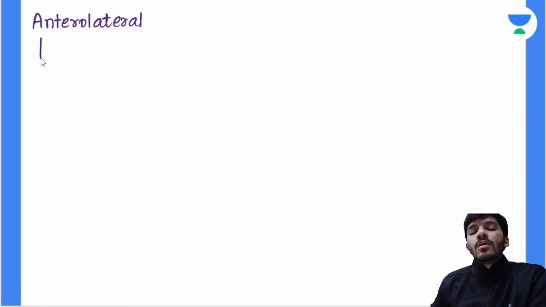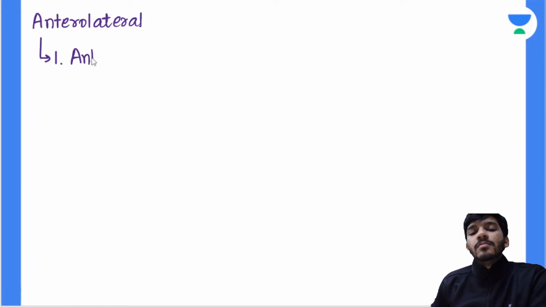Now this is the anterolateral system, in which you have two parts, one anterior and one lateral. That is why it is called the anterolateral. So when you talk about the anterolateral tracts, there are two parts.